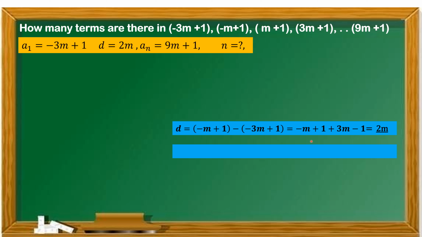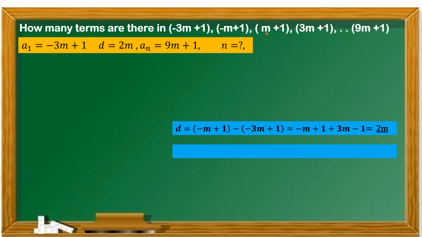And to further simplify the similar terms, negative m plus 3m, we have 2m. Then the positive 1 and the negative 1 will give us a 0 already. And done subtracting second minus first.